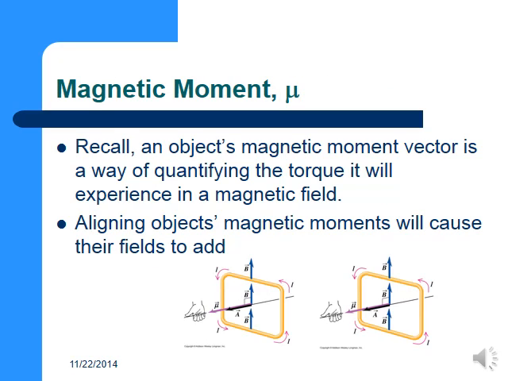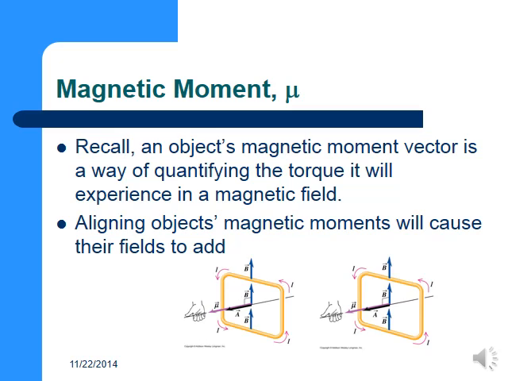So remember in Chapter 27 we talked about magnetic moment. An object's magnetic moment was a way of quantifying the torque it experiences in a magnetic field. Remember that we define this magnetic moment vector as the current times the area or cross section, pointing in the direction shown in the picture, placing your fingers in the direction of current, curling them around the current direction. Your thumb gives you the direction of the mu vector.